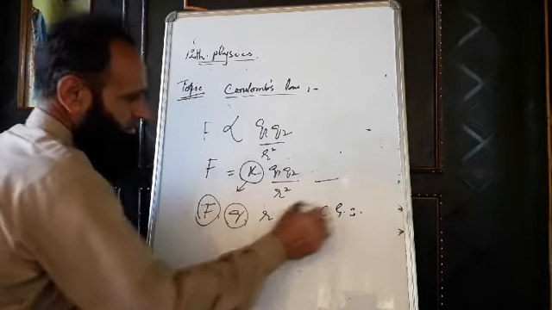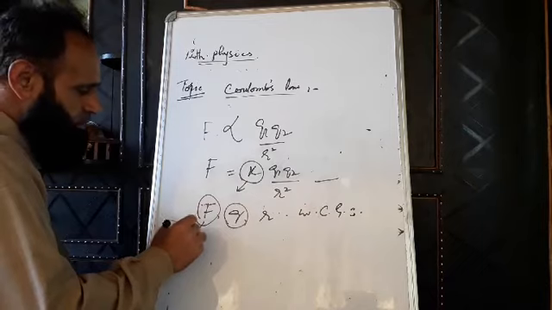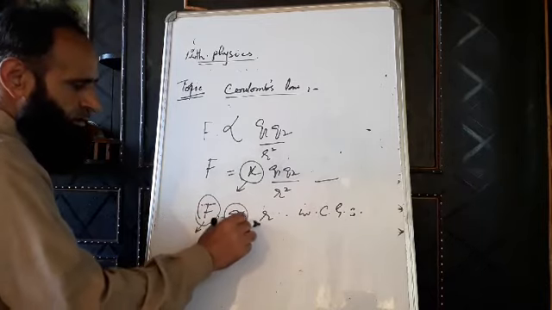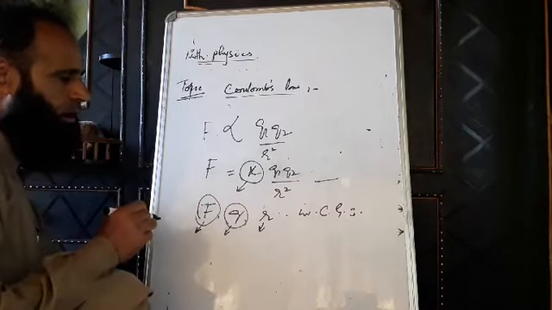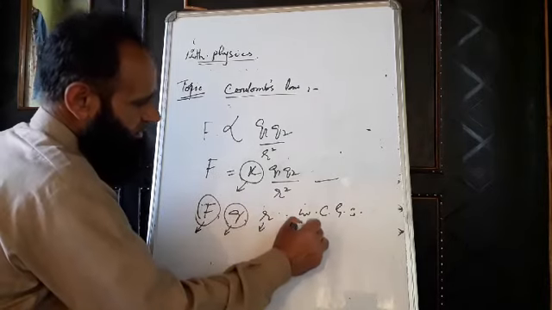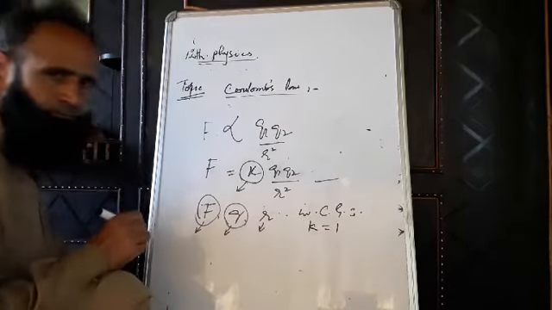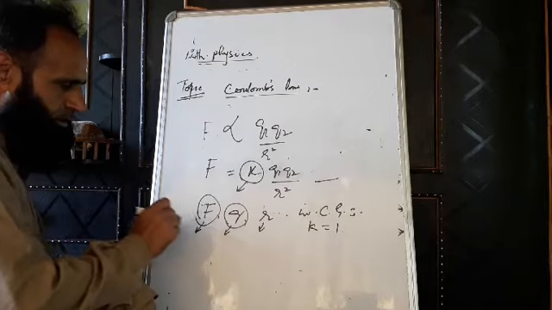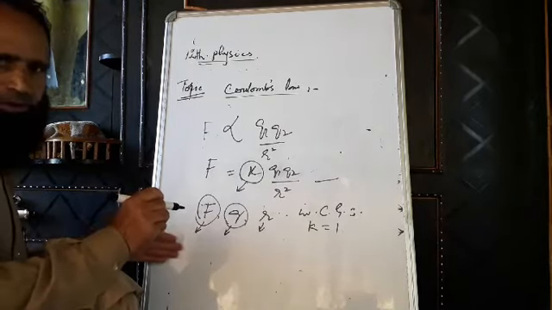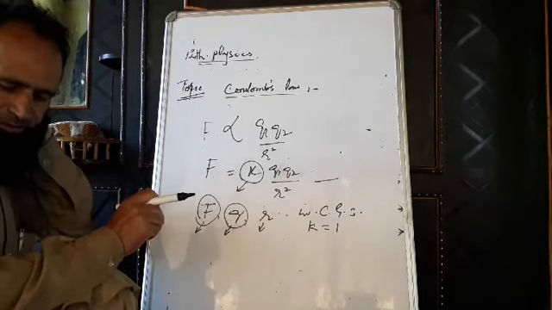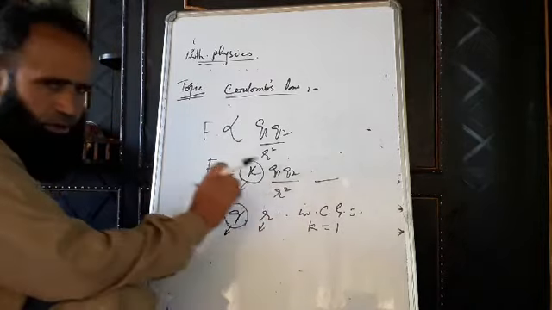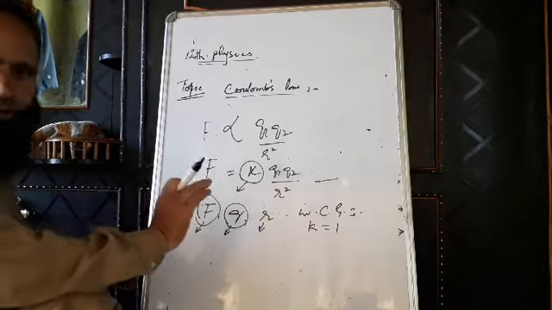When we are measuring force, charge and distance r in the CGS system, then K takes the value 1.